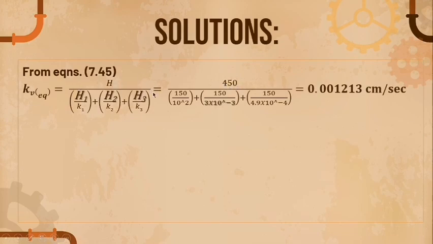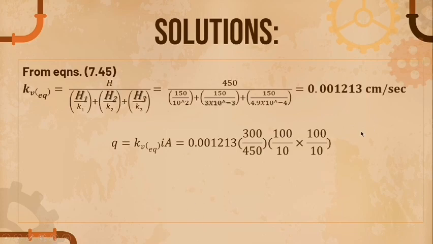That's the total H, divided by 150 divided by 10 raised to negative 2, plus 150 divided by 3 times 10 raised to negative 3, plus 150 divided by 4.9 times 10 raised to negative 4. So we'll have the equivalent, or the total hydraulic conductivity K, that is equal to 0.001213 centimeter per second.